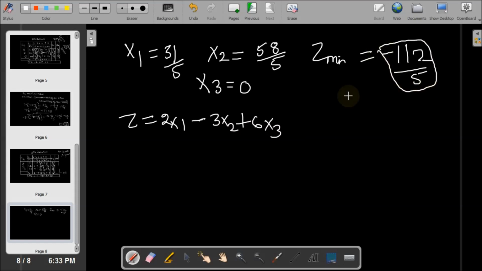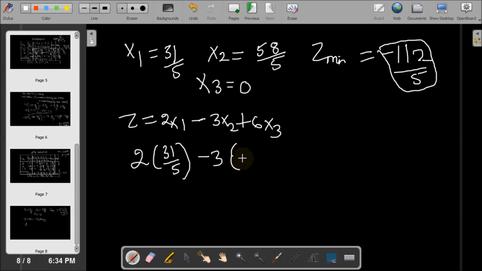Now I will substitute the values here. 2 into 31 by 5, because you know the value of x1 is 31 by 5, minus 3 into x2, which is 58 by 5. You can cross check like this. Once you find the solution, you can cross check whether it is correct or not. So plus 6 into x3, and obviously x3 is 0. 6 into 0 will be 0 only.